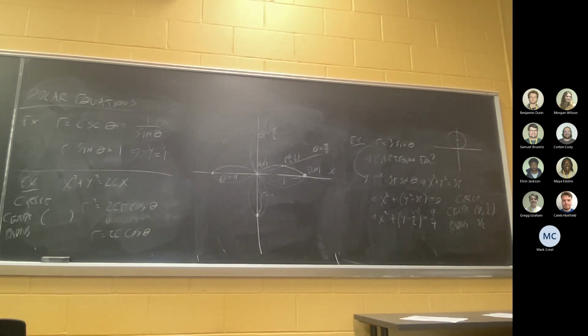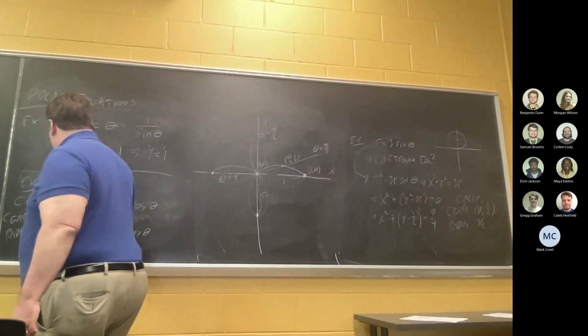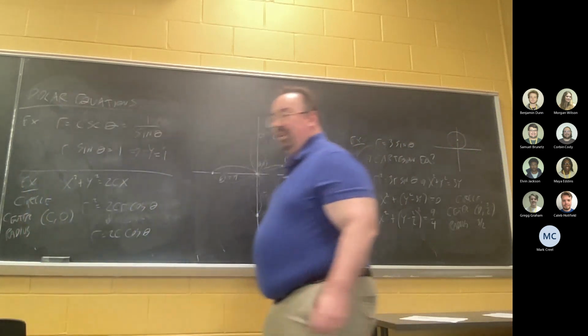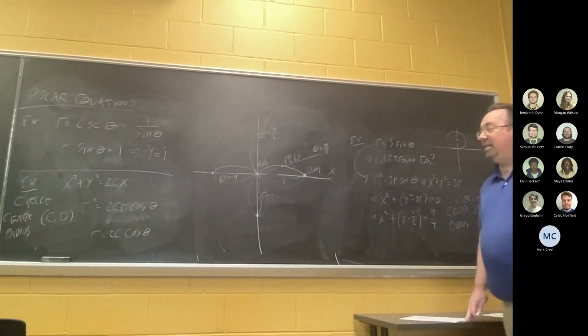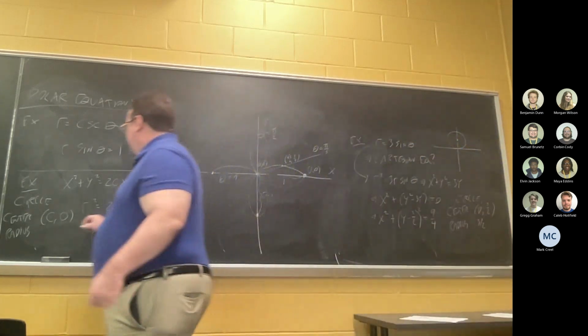Center 2c/2, 0. So x for the c, half of the constant. Yeah, the radius is going to be, again, half the constant.